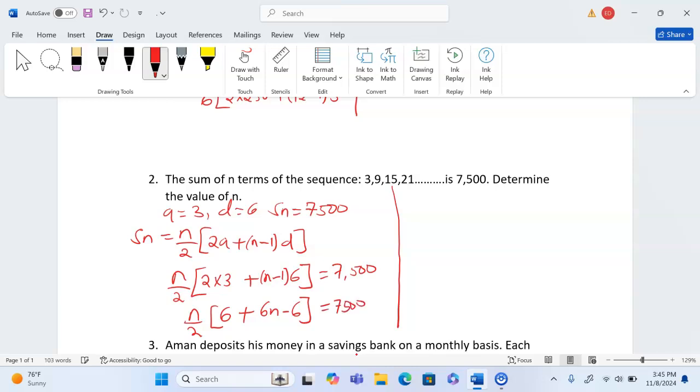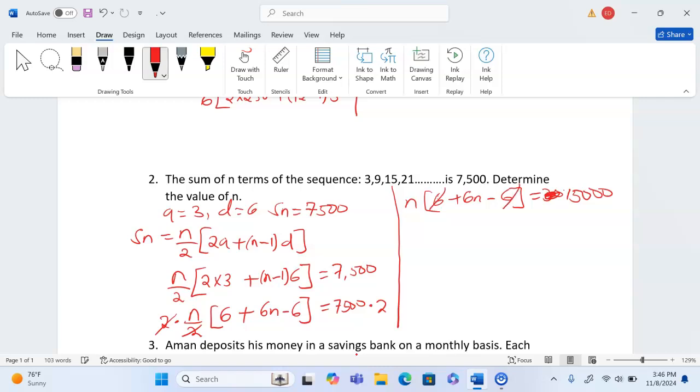To get rid of this fraction, we multiply here by 2 and also this other side by 2. 2 and 2 goes, giving us n into 6 plus 6n minus 6 being equal to 15,000.